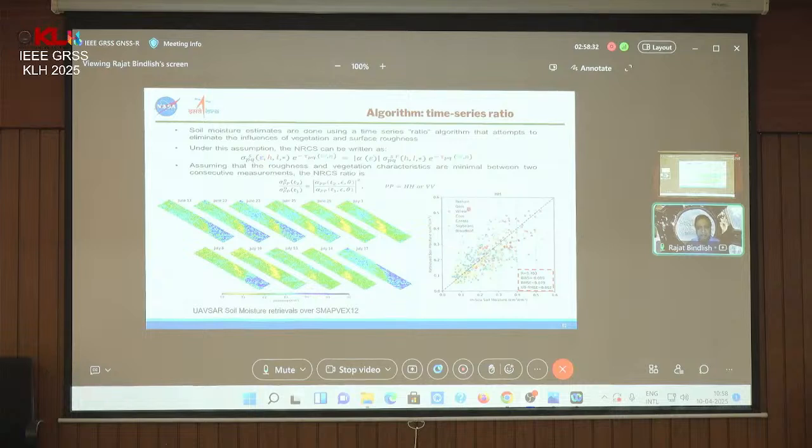So these are different crop types that were present over this domain, and you should be able to get the in situ data from there.